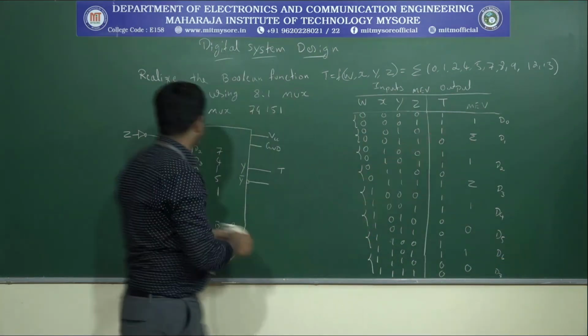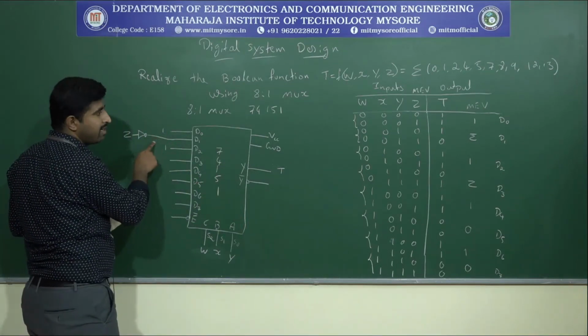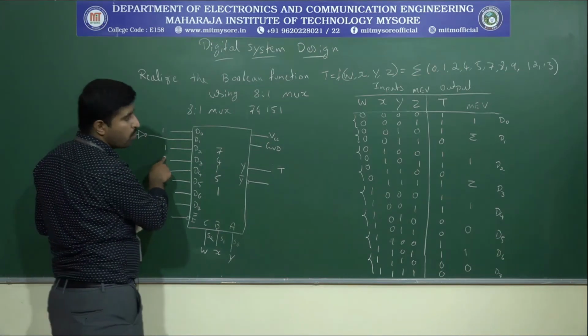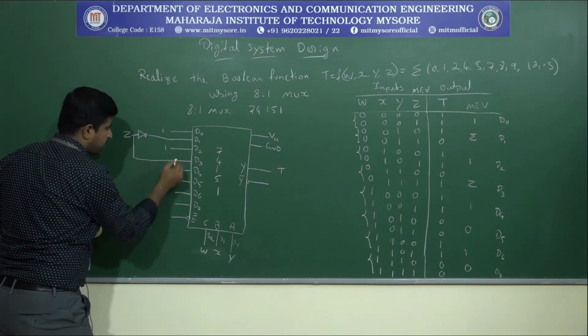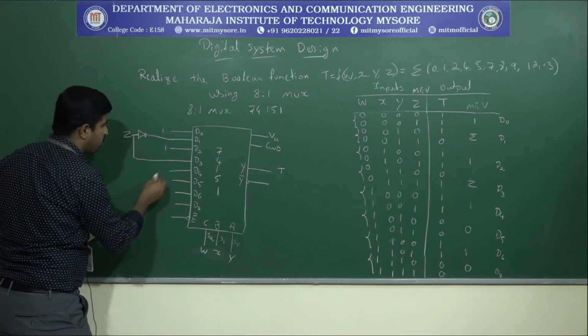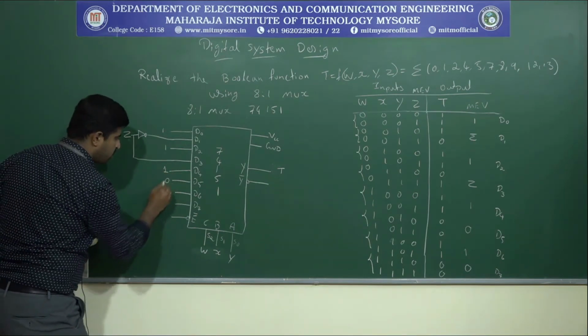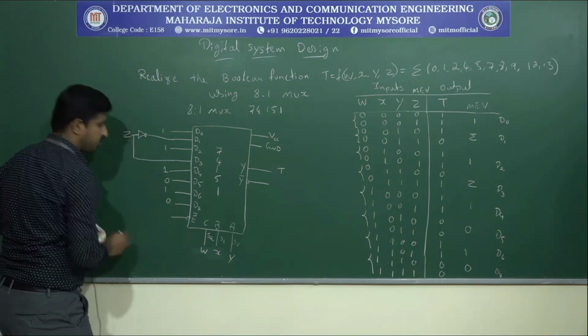So D0 is 1, D1 is Z bar, D2 is 1, D3 corresponds to Z, next D4 is logic 1, D5 is logic 0, D6 is 1 and D7 is logic 0.